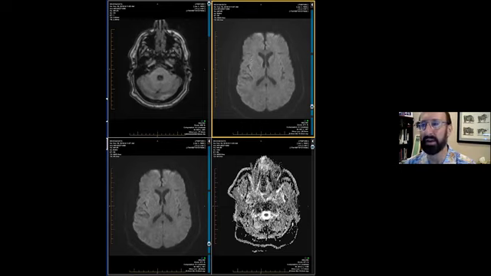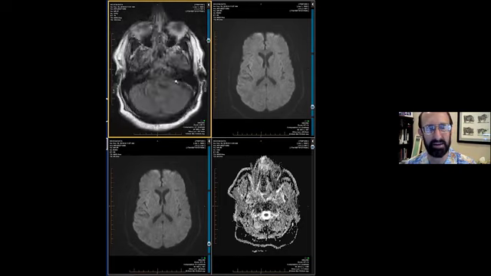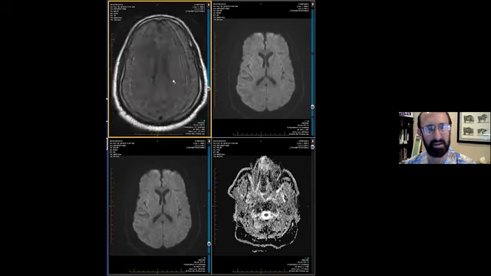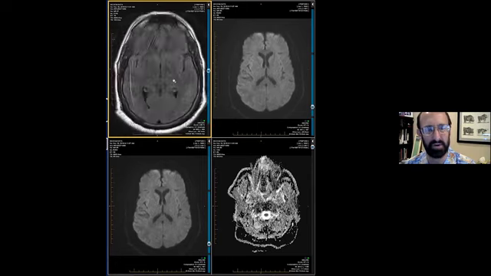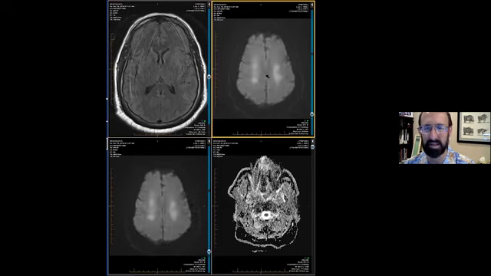I'm showing here the only sequences that were performed on this patient because he had difficulty within the scanner. The initial scan here, with the motion artifact, is the FLAIR scan, and you can see considerable motion artifact. But when we look at the analogous diffusion weighted scan, he actually held still for this one.